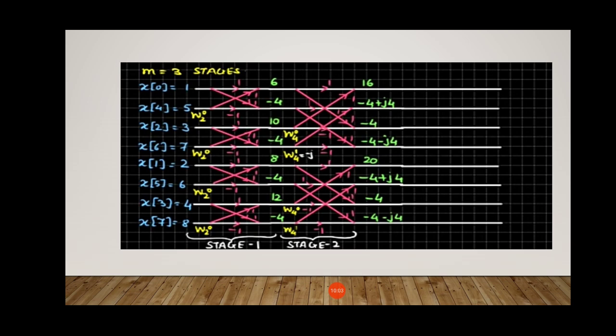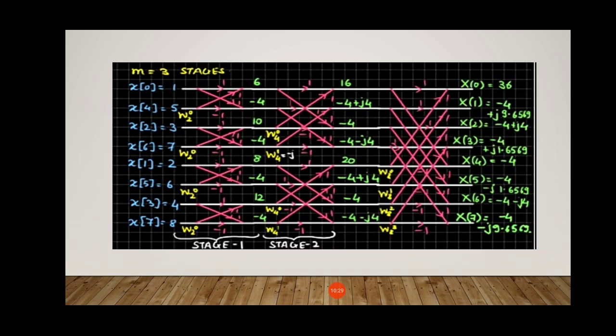Minus 4 plus W4 to the power 1 into minus 4, that is minus 4 plus j4. And the fourth point is minus 4 minus W4 to the power 1 into minus 4, that is minus 4 minus j of 4. In this way, we have calculated all the values of stage 2.